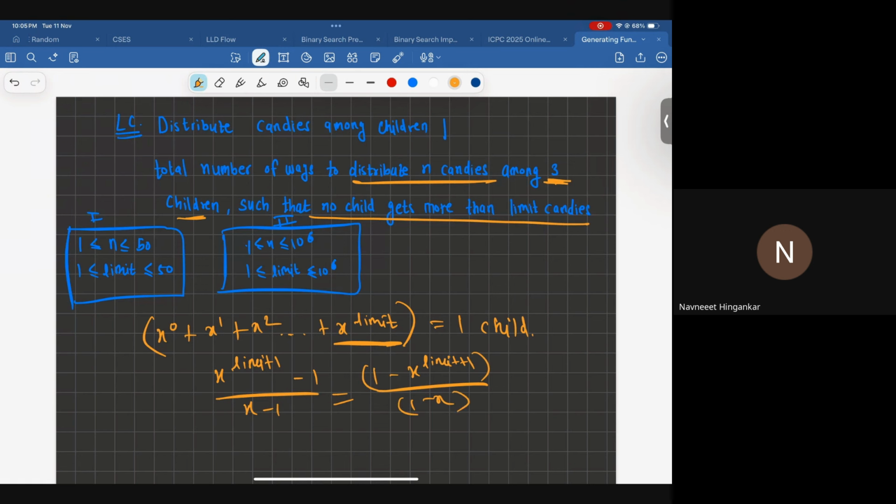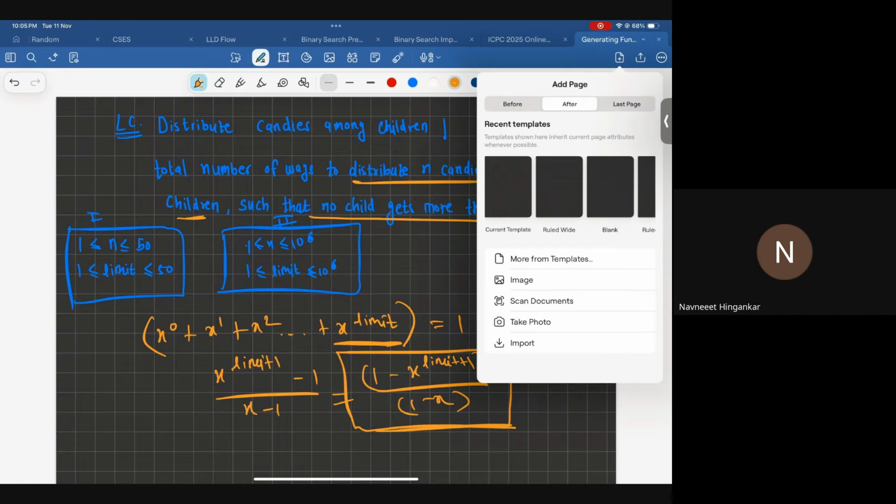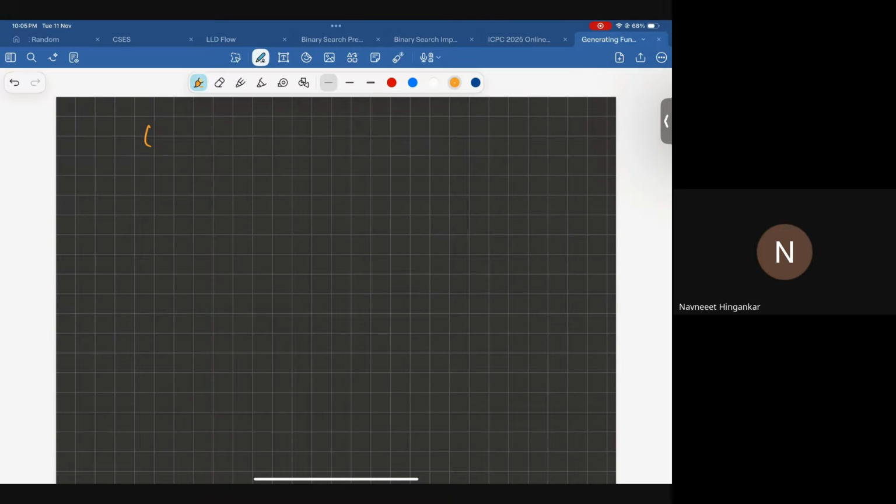Now I have my polynomial for one child. I will multiply it three times, so my answer becomes (1 minus x to the power limit plus 1) cubed into (1 minus x) to the power minus 3.